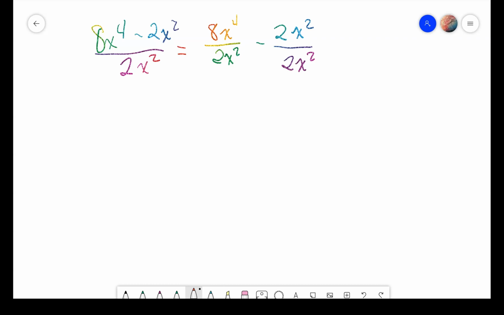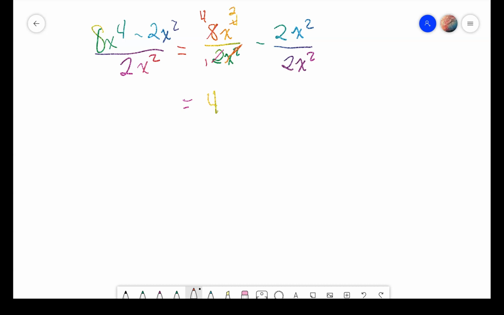So now we're going to simplify. 2 goes into 8 4 times. And then for the x's, the bases are the same, so since we're dividing, we're going to subtract our exponents. So this is going to go bye-bye, and 4 minus 2 is 2.